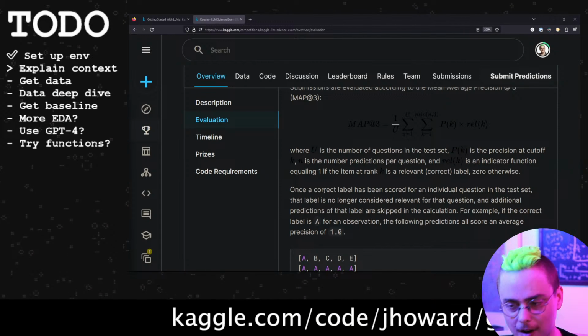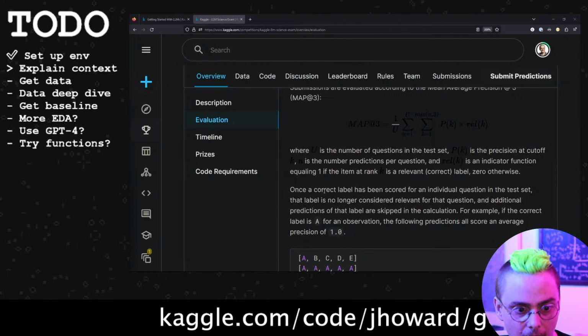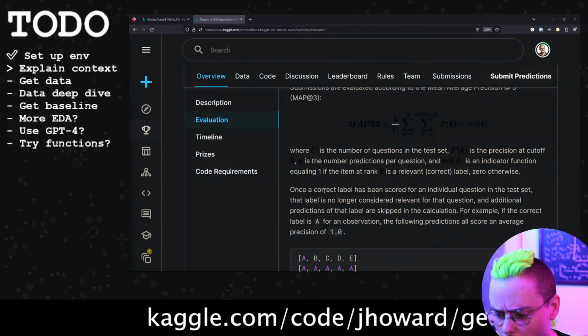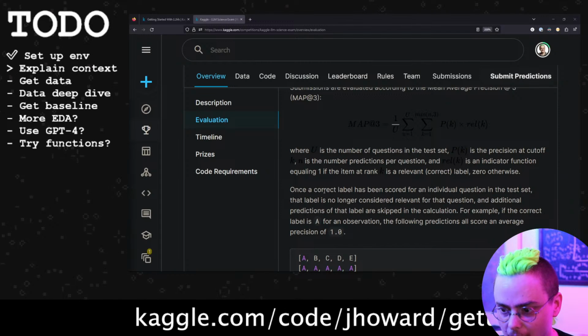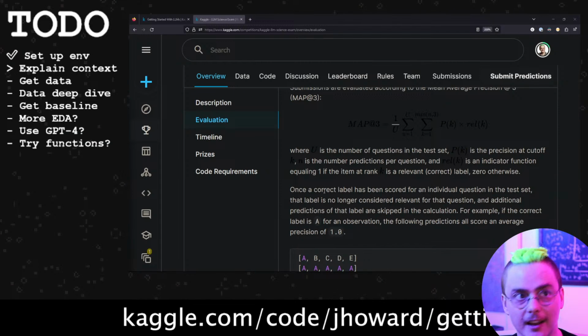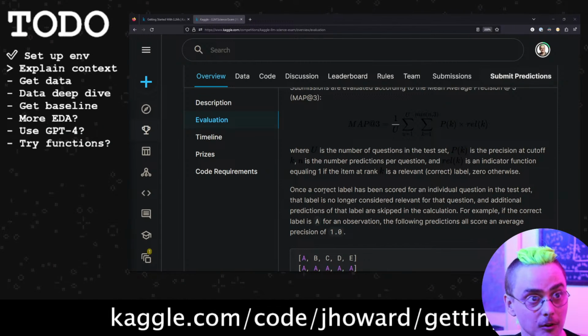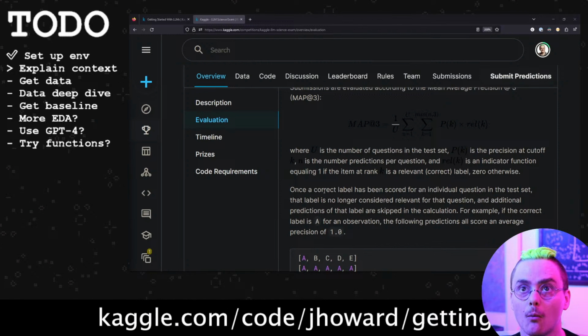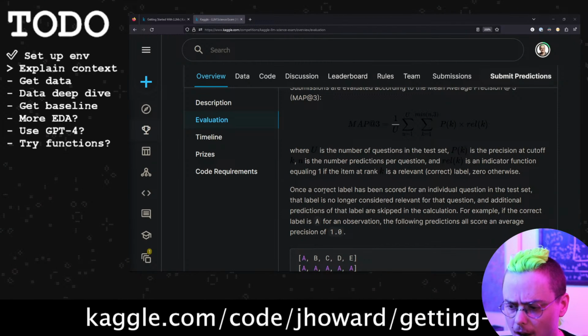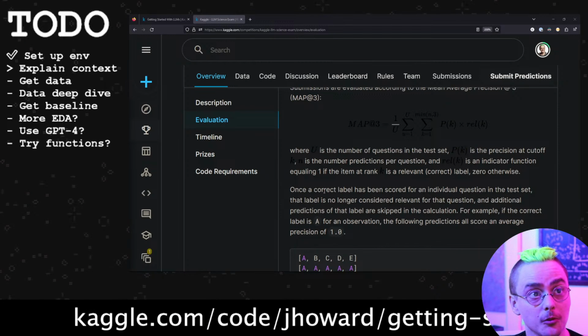In a lot of Kaggle competitions, you might start from scratch. So if you're doing that, then you definitely want to understand what the language model was trained on, so that you can choose between all the potential options.